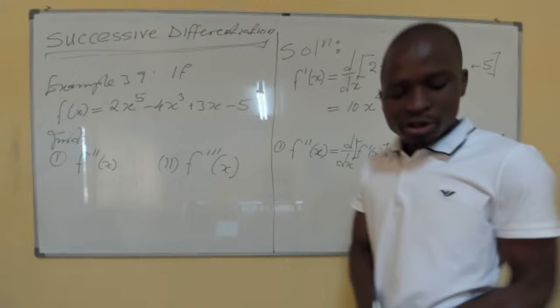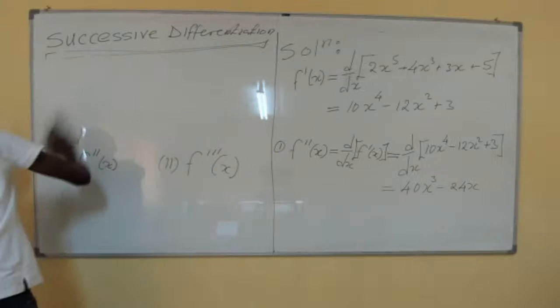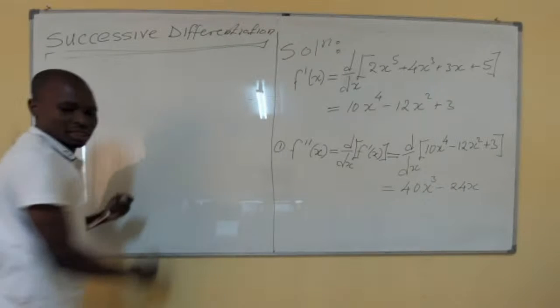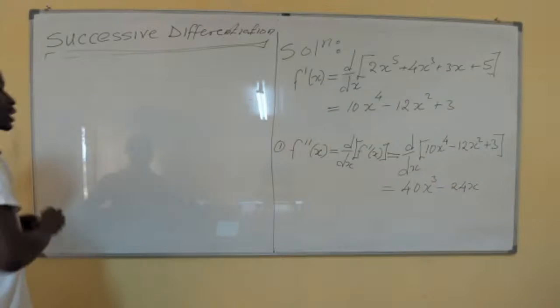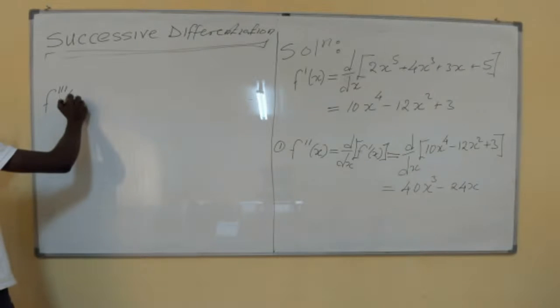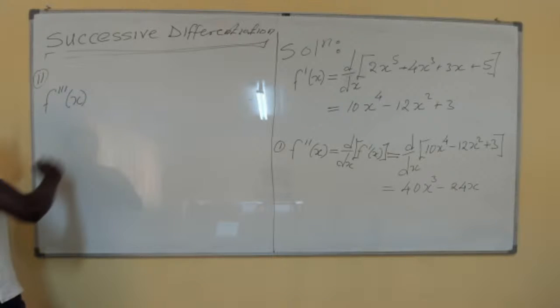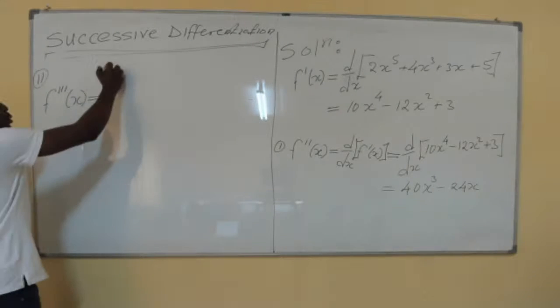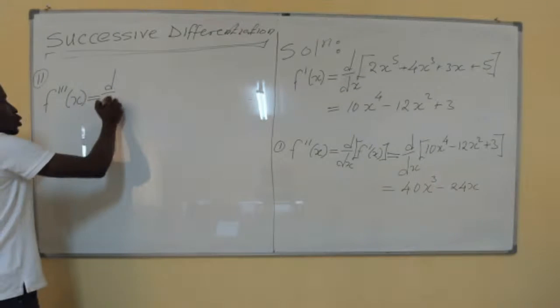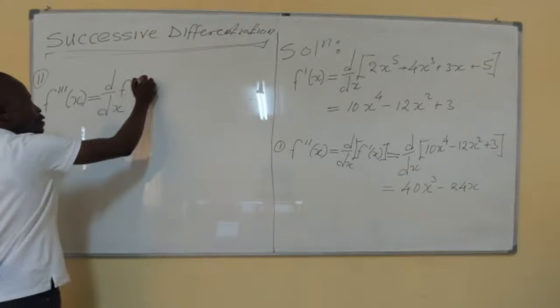After you have found your second derivative, in number 2 they are asking us to find the third derivative of the given function f of x with respect to x. The third derivative with respect to x of the function f of x is equal to the derivative with respect to x of the second derivative of f of x.